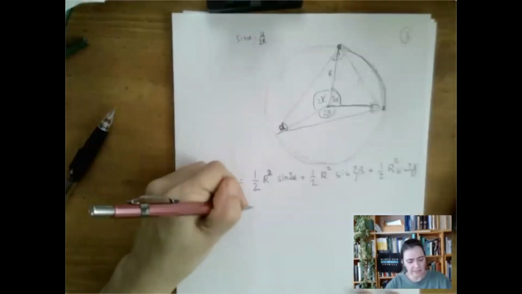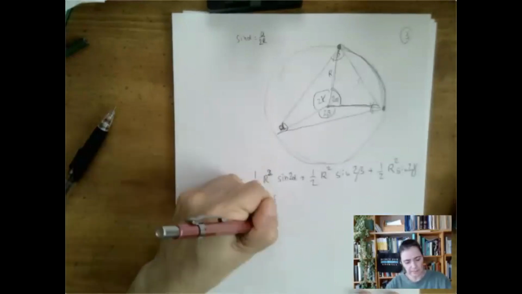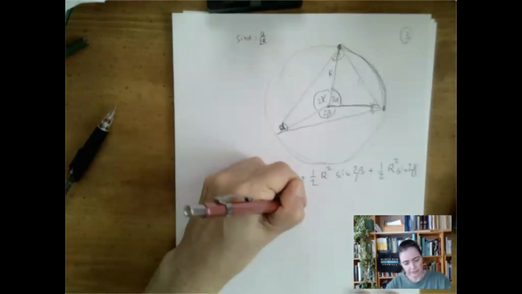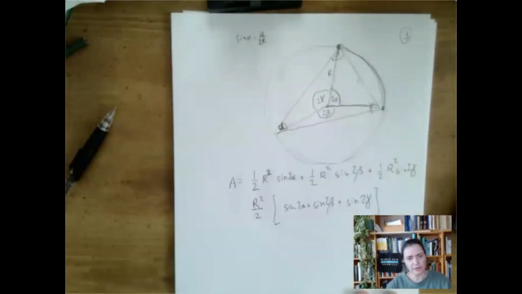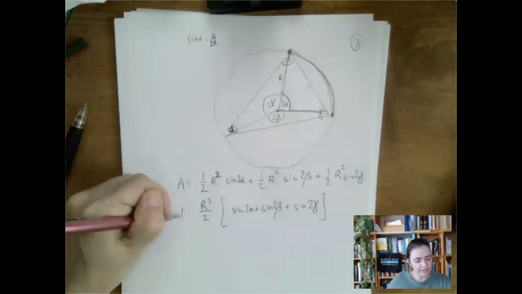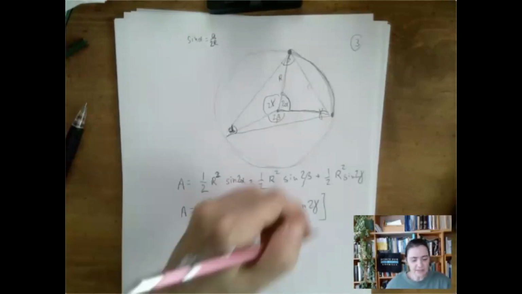And then we can factor out r squared over 2, I guess. And it's sine of 2 alpha plus sine of 2 beta plus sine of 2 gamma. Oh, cute little formula, I think it's a lovely formula for the area. This is what I wanted to show you.